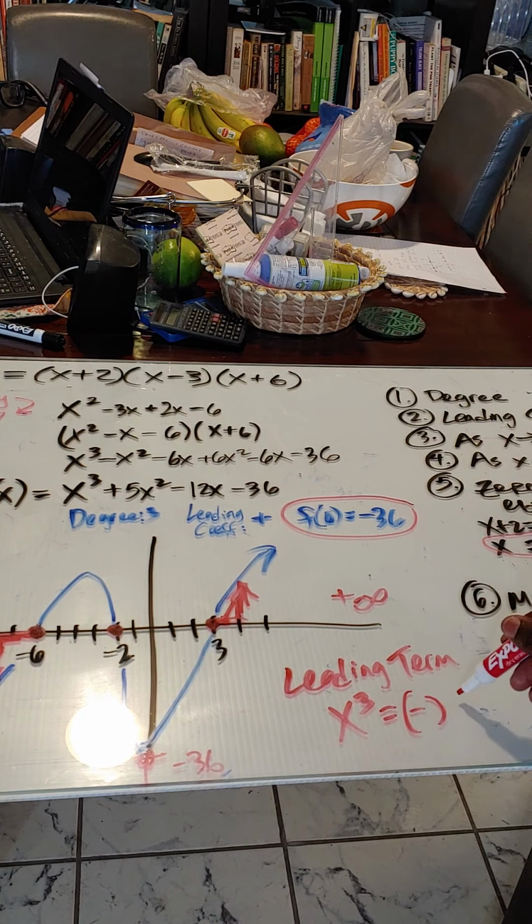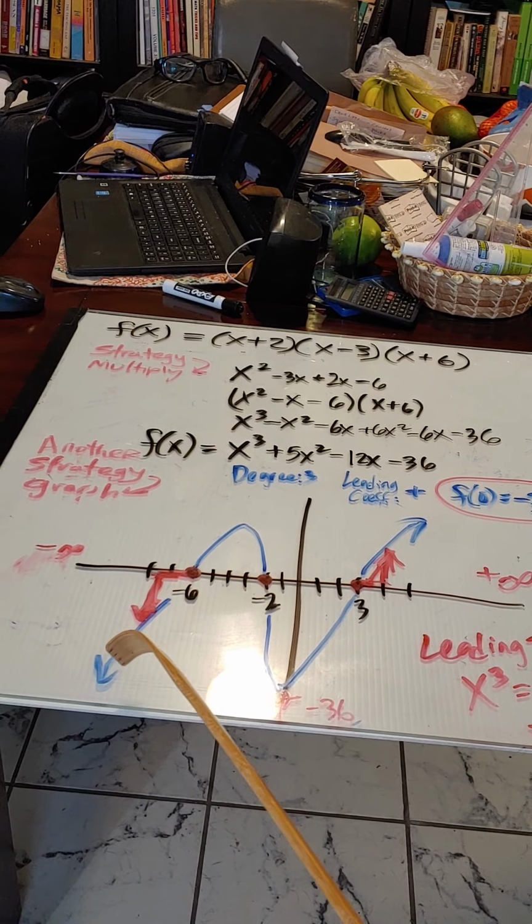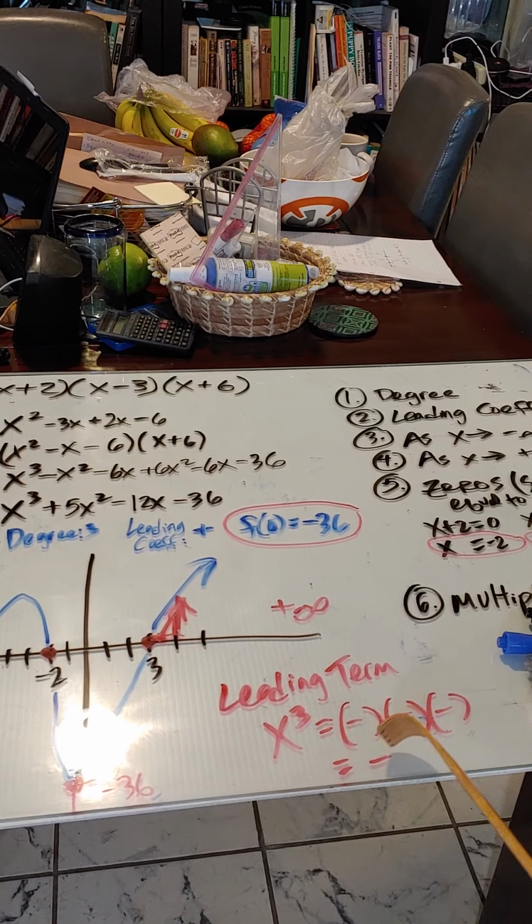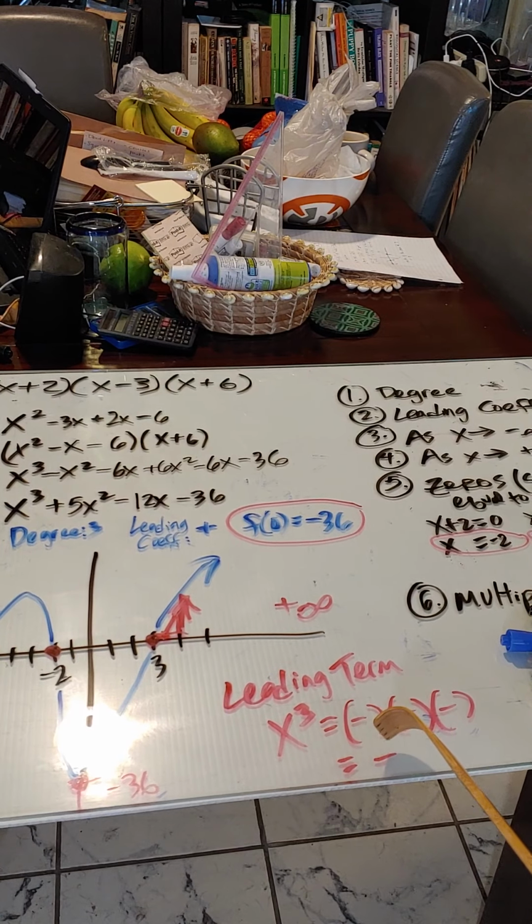A positive or a negative? I would end up with a negative, right? And so the behavior of this function as it approaches negative infinity, we can see that graphically. Graphically, we can see that it's decreasing infinitely, so that's negative infinity. Algebraically, we can see that that is also the case, okay?